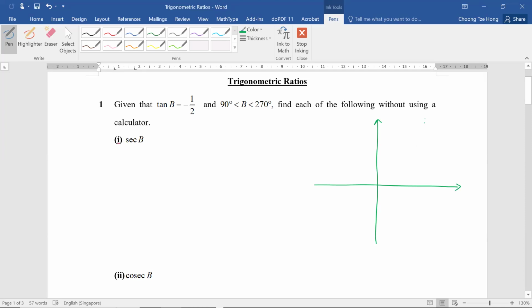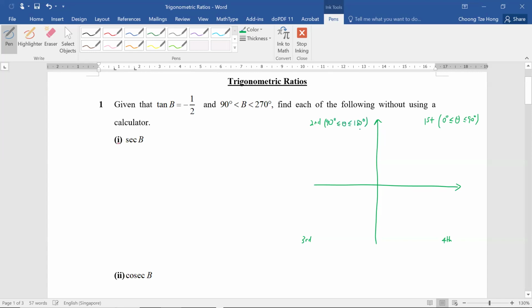Over here, this is the first quadrant, this is the second quadrant, this is the third quadrant, this is the fourth quadrant. Assuming the angle is now theta, in the first quadrant the angle is between 0 to 90. In the second quadrant, the angle is between 90 degrees to 180 degrees.